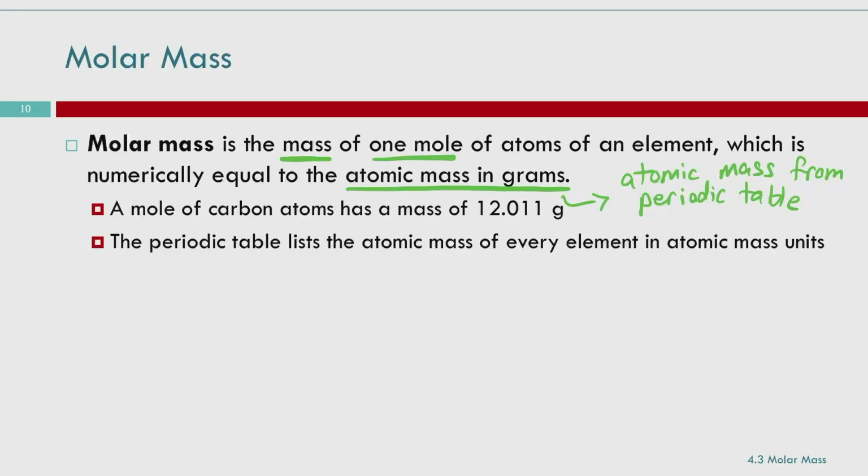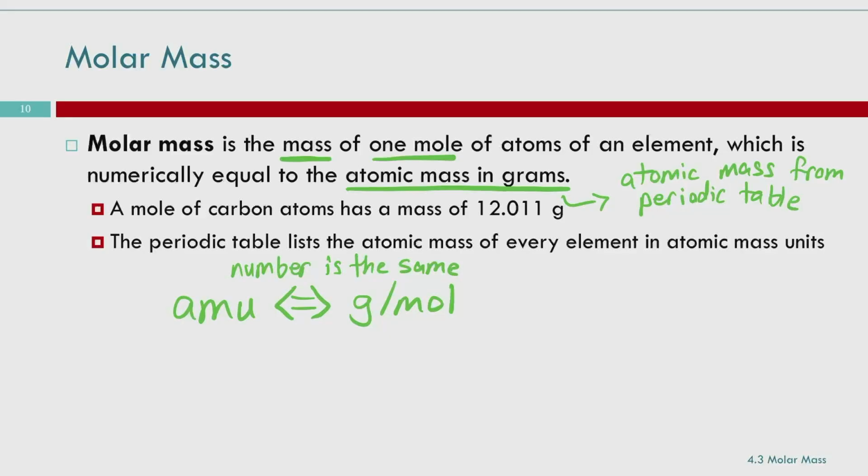Those are the atomic masses, and those have the aptly named atomic mass unit for their unit. AMUs is not grams per mole, but the numbers are the same for grams per mole and AMU. So anywhere you see AMU, you can switch that out for grams per mole.